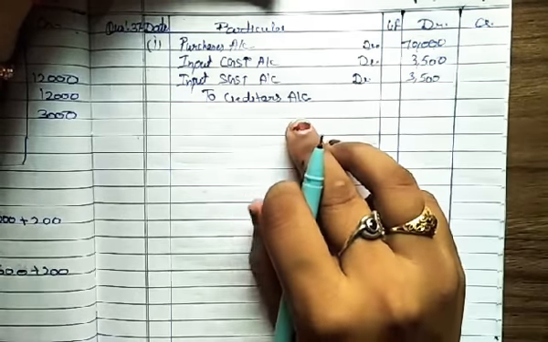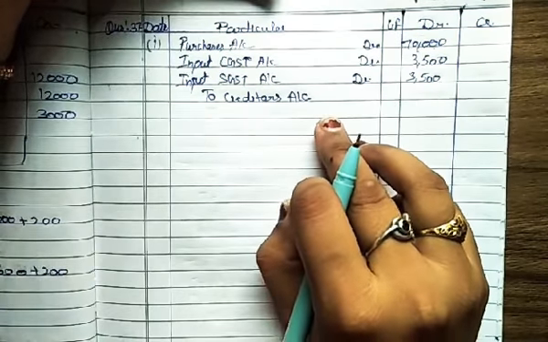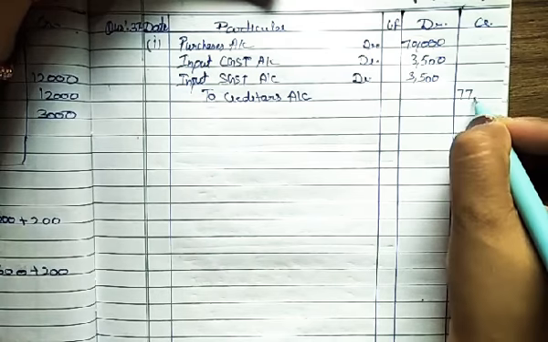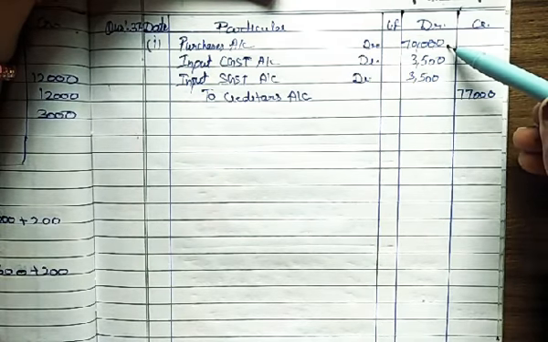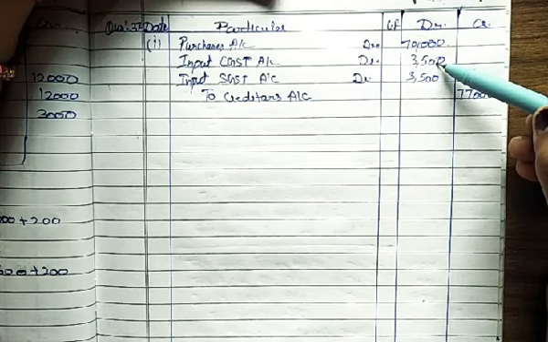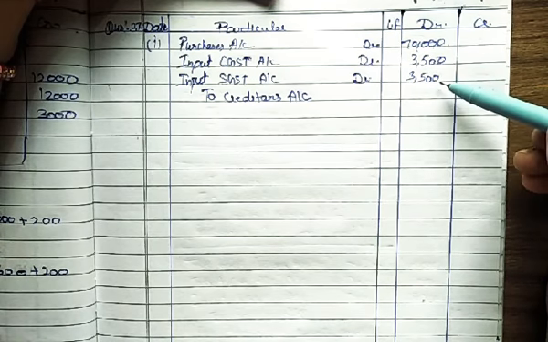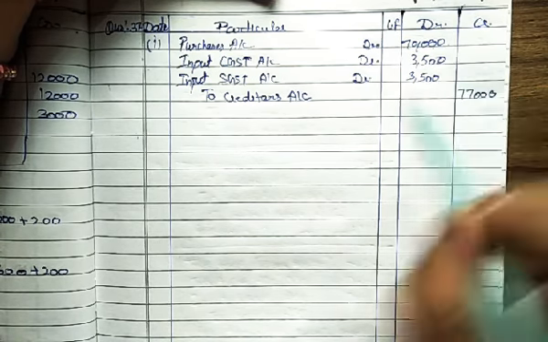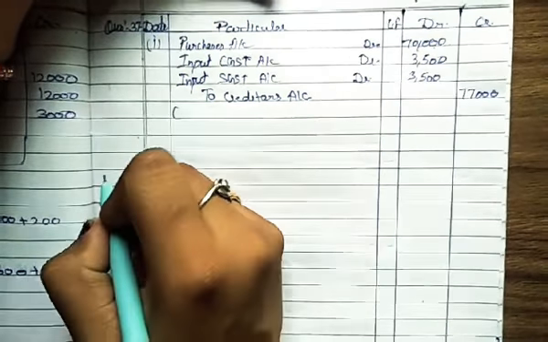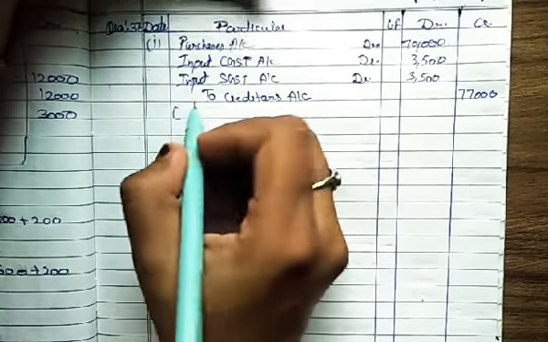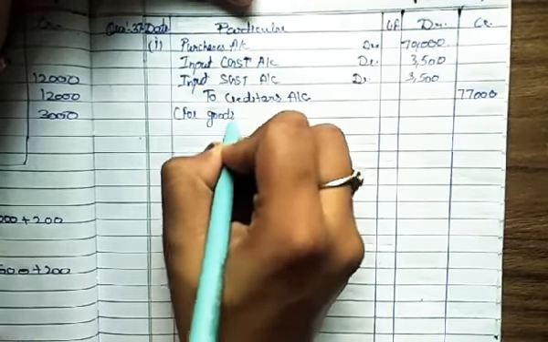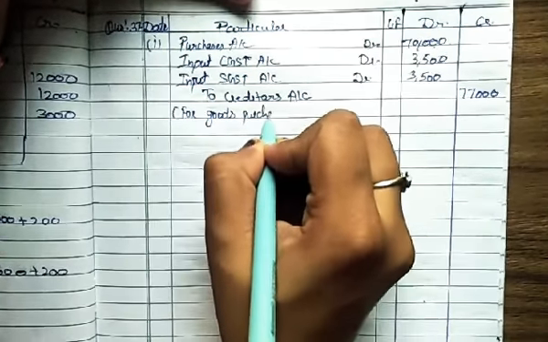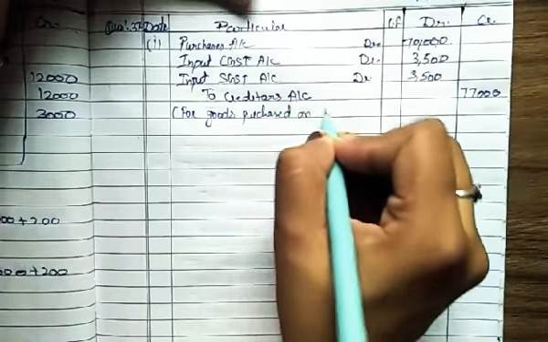So the total amount paid to creditor is 77,000, from which goods price is 70,000 and 3,500 for central GST and 3,500 for state GST. And the narration is for goods purchased on credit.